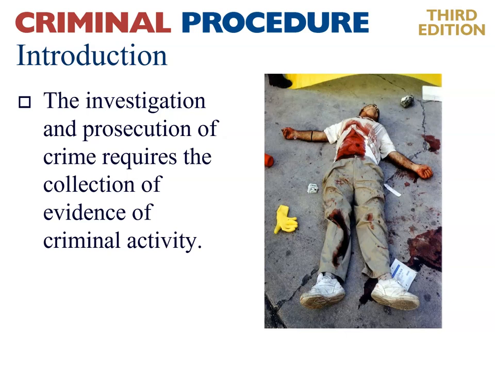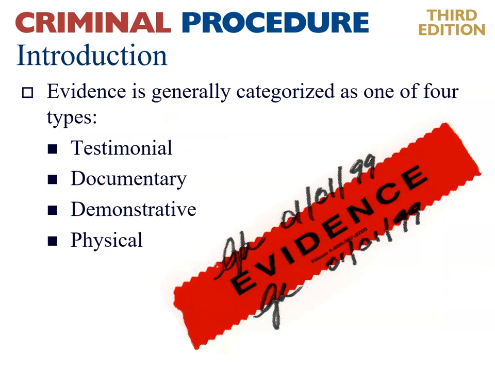So the investigation and prosecution of crime is going to require the collection of evidence of criminal activity. And this may encompass a couple of different things. It may be physical evidence or testimonial evidence. And you'll see as we start to go through this that typically evidence is generally categorized in one of four different areas.